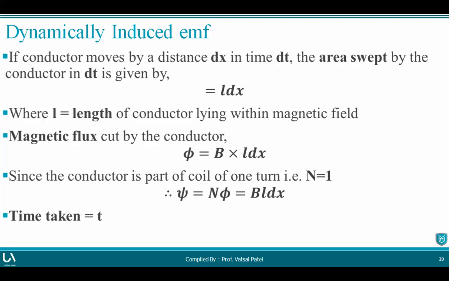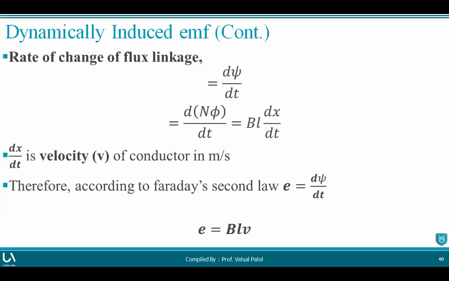Now we identify the rate of change of flux linkages with respect to time, so it is d psi by dt. N is the number of turns, so that is the constant part. Only B L we take here, and dx by dt we denote as the velocity of the conductor, in meters per second.